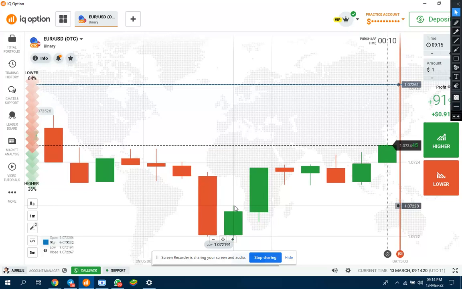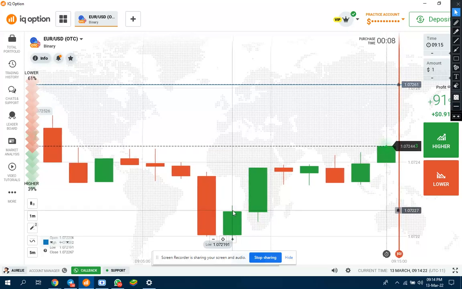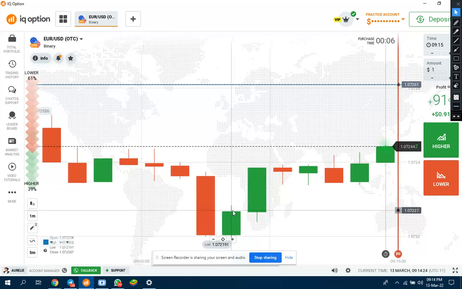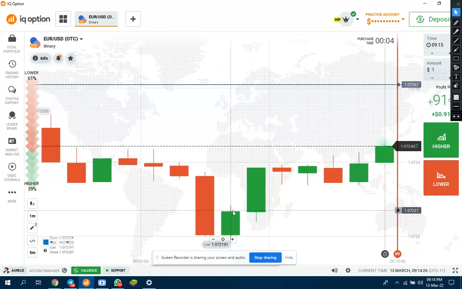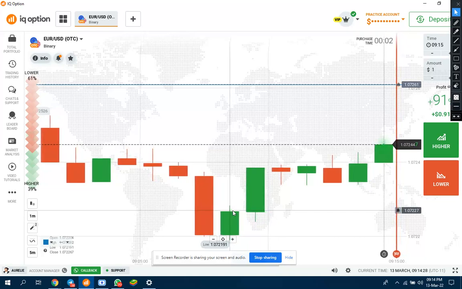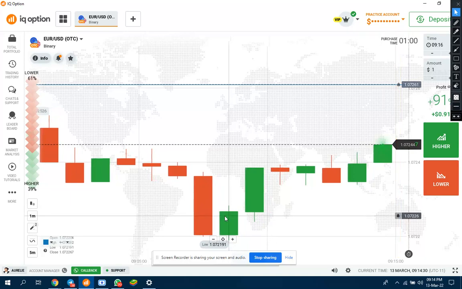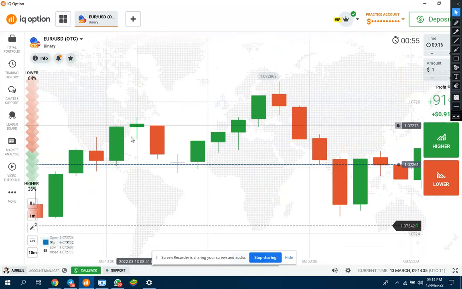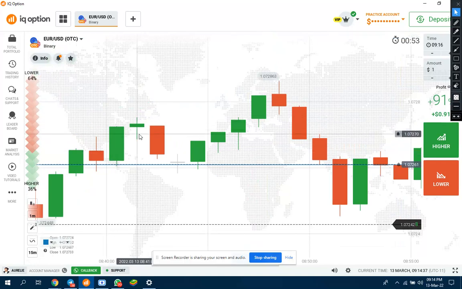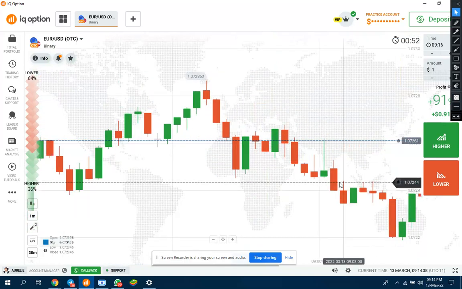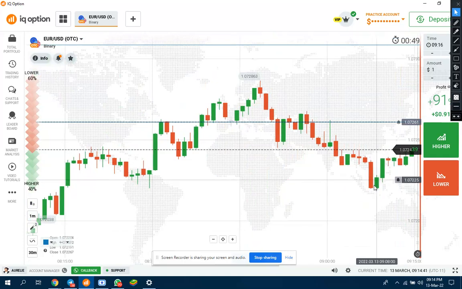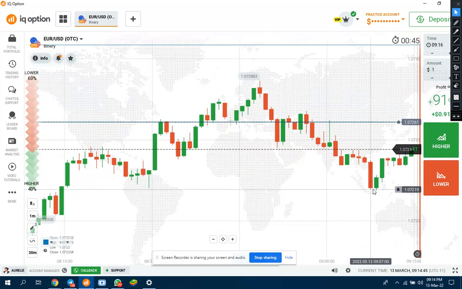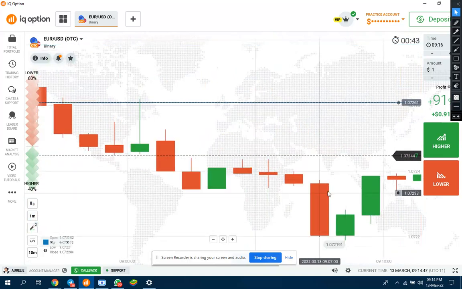This is more like a Quasimodo pattern. Head and shoulder pattern is like this pattern, evening star pattern. But this is not a morning star pattern, and this is not an evening star pattern, because it's not like a head and shoulder pattern.